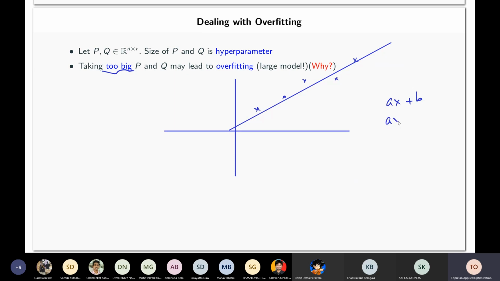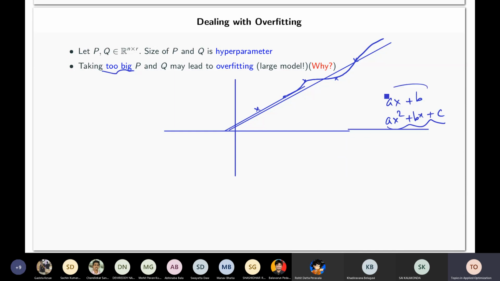I can use some nonlinear model, AX square plus BX plus C. Because of the nonlinearity, it gives me more freedom to match the data, right?